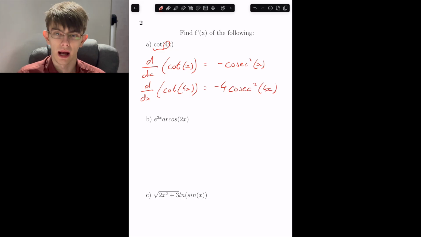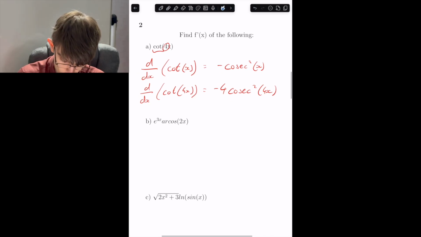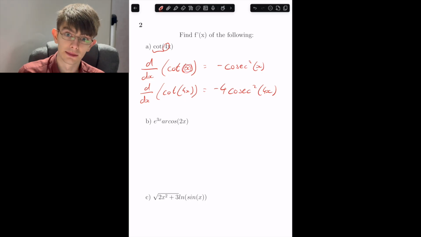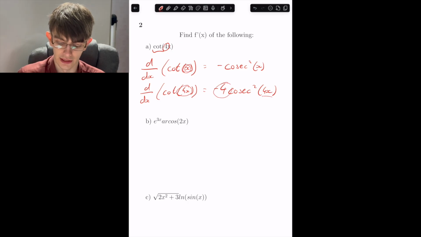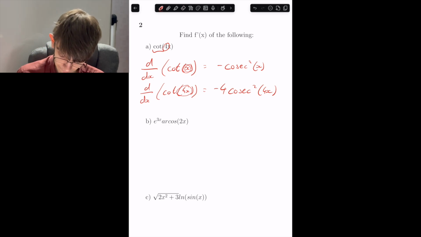Just a nice simple application of the chain rule. Whatever is inside this bracket here needs to be differentiated and brought outside. So the derivative of 4x is just 4, so we bring that outside and we leave the interior. And we just end up with minus 4 cosec squared 4x.